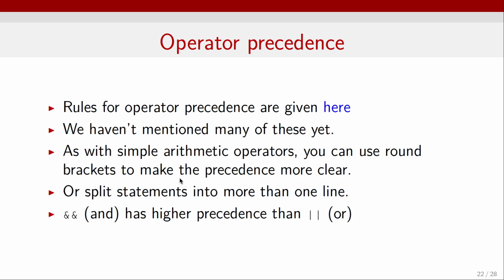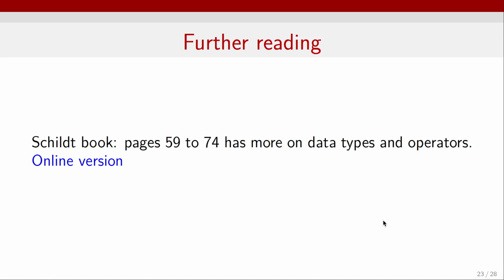You can also split statements into more than one line to make the precedence more clear. And remember that the AND operator has higher precedence than the OR operator. You can look at the book by Schild, pages 59 to 74. That's going to be linked below for more on data types and operators.